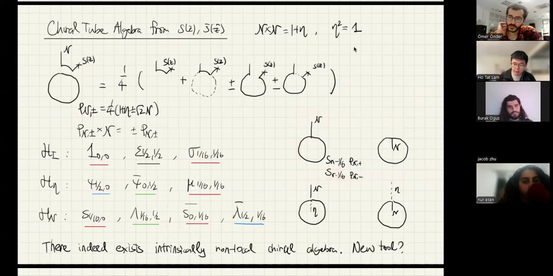So here we see that we have a set of Lasso operators that map you from local Hilbert space to N-defect Hilbert space and vice versa. We also have a set of Lasso operators that map you from eta-defect Hilbert space to N-defect Hilbert space. Using these Lasso operators, we can now organize the spectrum again into representations. For example, the identity operator will be annihilated by P minus, but it will not be annihilated by P plus.